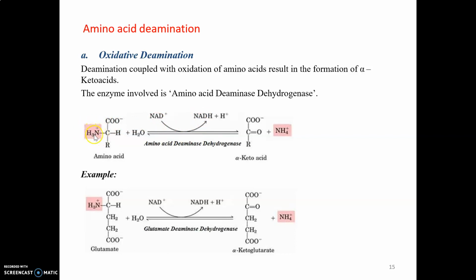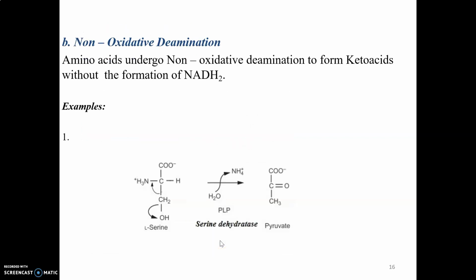That is, it is converted into ammonium ion, and what you get is a keto acid. They are one or the other intermediates of the Krebs cycle. So the ultimate purpose is to remove this amino group in the form of ammonium ion with the help of NAD+. Okay. So glutamate, upon deamination, you are going to get alpha ketoglutarate.